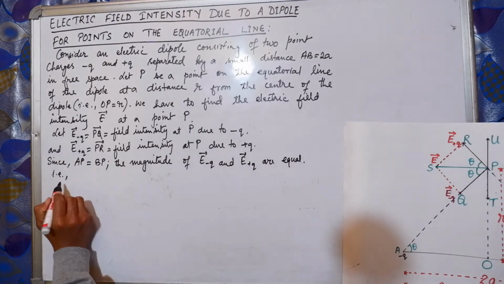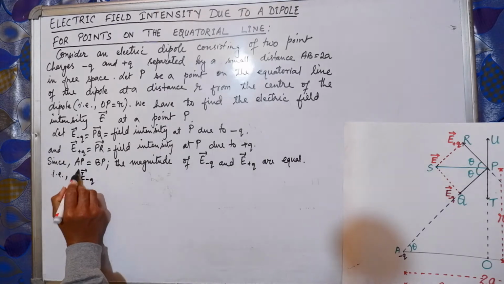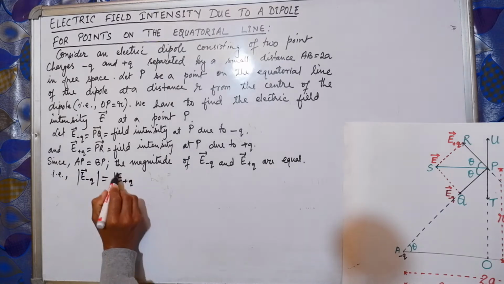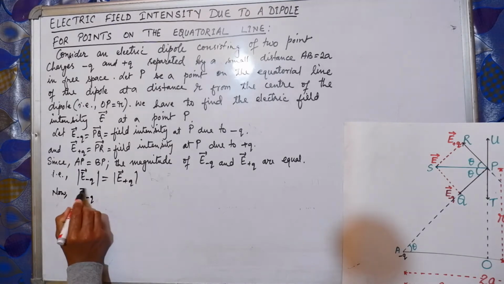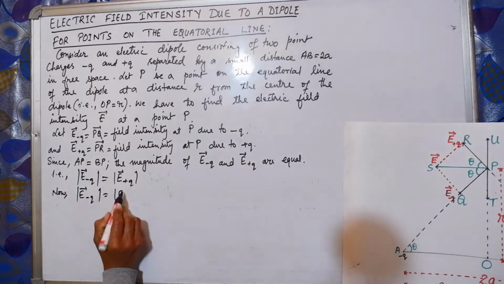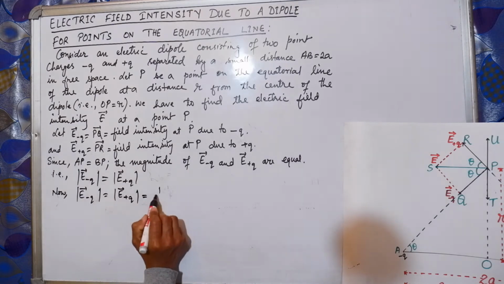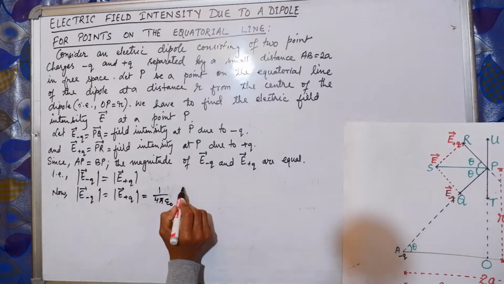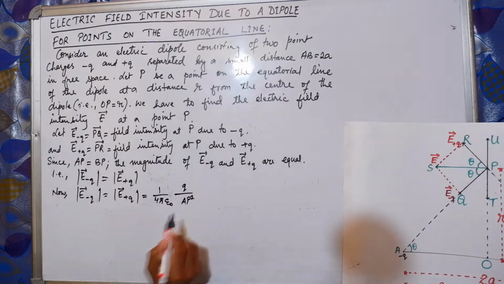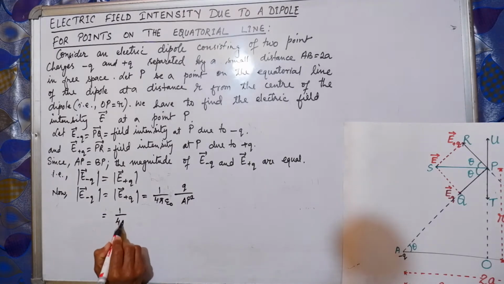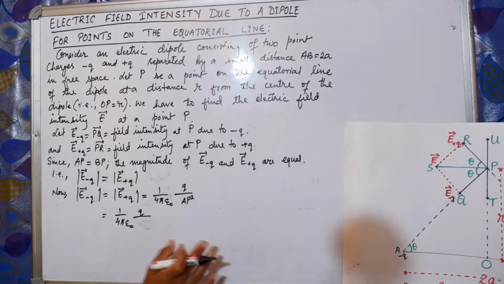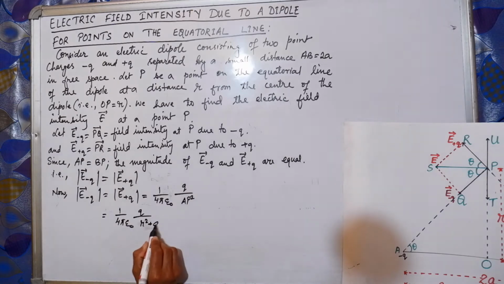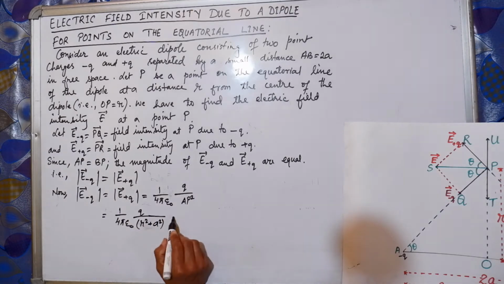So the magnitude of E minus Q will be equal to the magnitude of E plus Q, which is equal to 1 by 4 pi epsilon naught times Q divided by AP square, which is equal to 1 by 4 pi epsilon naught times Q by, instead of AP square, we can write R square plus A square. We name this as equation 1.